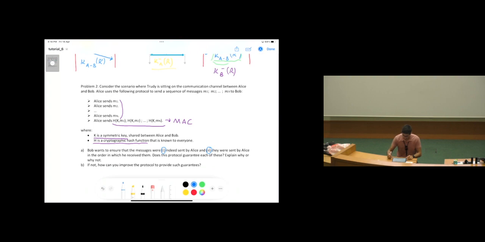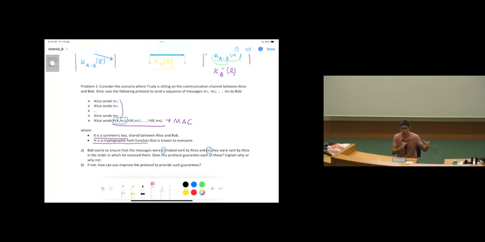So we know that regardless of when you send the message or when you send the MAC, you can send them together, you can send the MAC later on. But this message authentication code for M1 could only be obtained if you possess K, because we know that a hash function is a one-way function, meaning that you cannot compute the message from its digest.